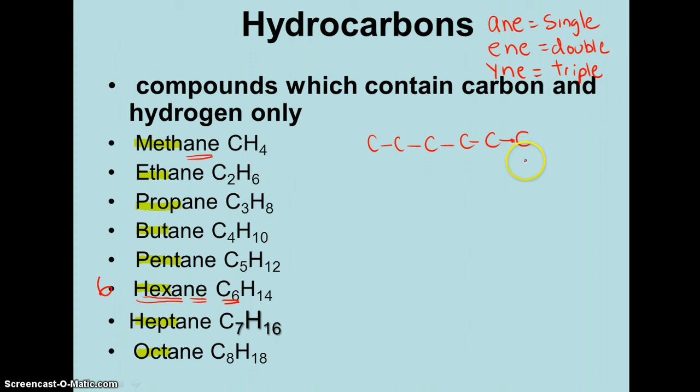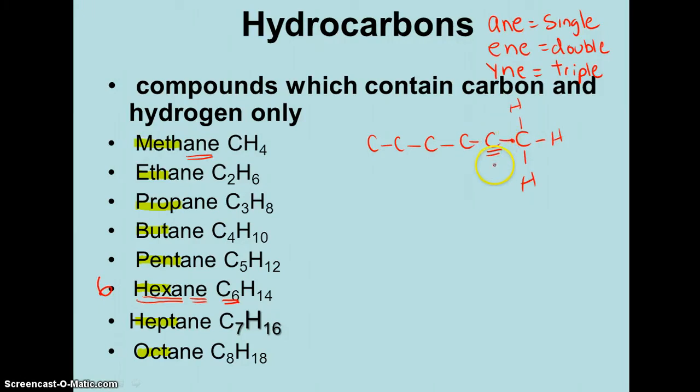So how many hydrogens can I attach to this carbon? 3. So now I have 1, 2, 3, 4 single pairs of electrons attached to that carbon, giving me 8 electrons in the outermost energy level. Again, that's what makes it the most stable. Let's take a look at this carbon here. How many is attached to it? 1, 2.